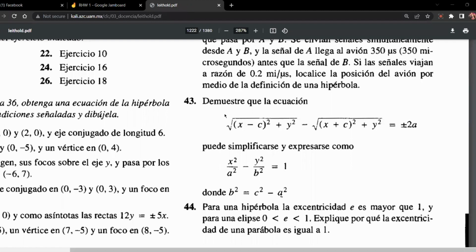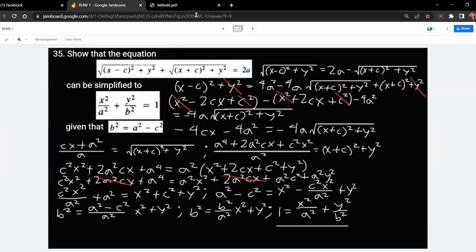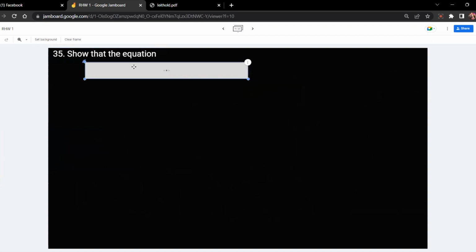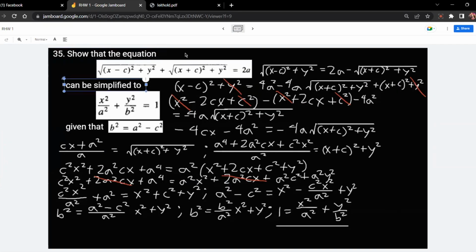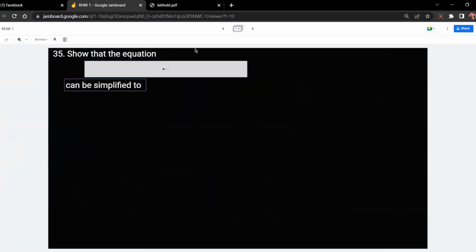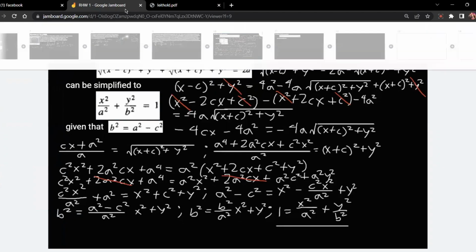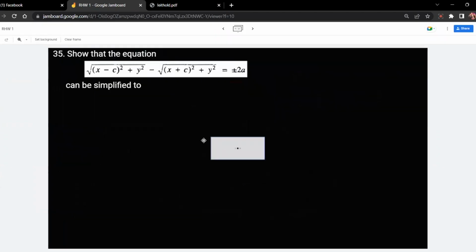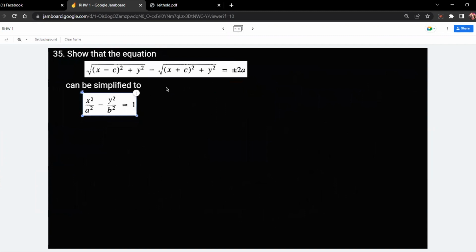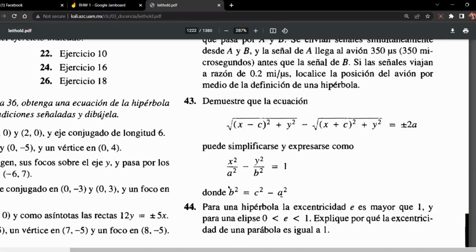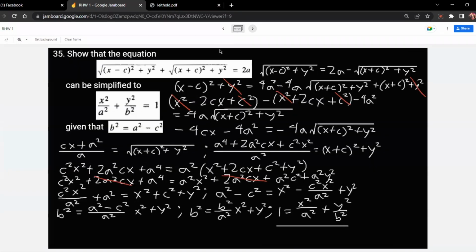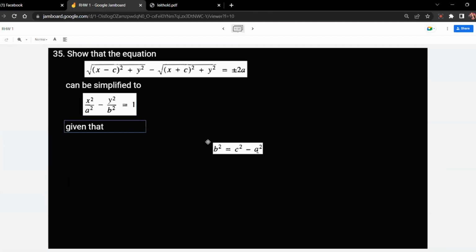So number 43. And I think we'll start with square root of x minus c squared plus y squared plus square root of x plus c squared plus y squared equals plus or minus 2a. Tapos pag nag-algebra tayo, just make sure na we keep track of yung effect on the plus or minus 2a.